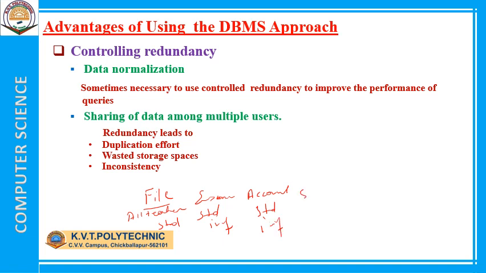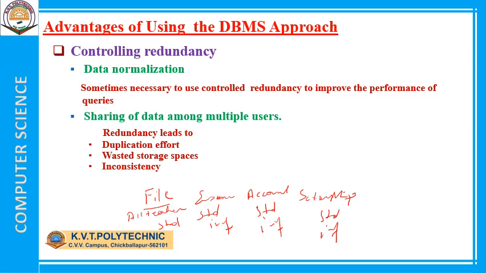In the scholarship section also they have the student information. See here, in the file system they are saving the same data multiple times. This is called redundancy, which is nothing but duplication of data. The duplication of data always leads to inconsistency.